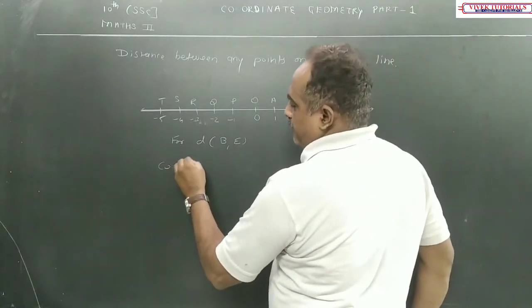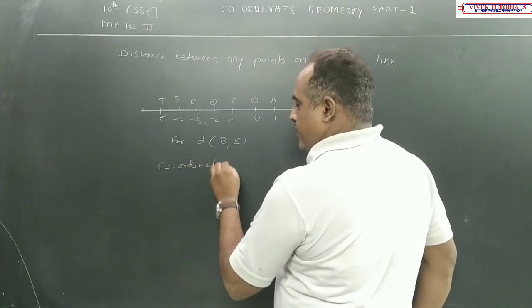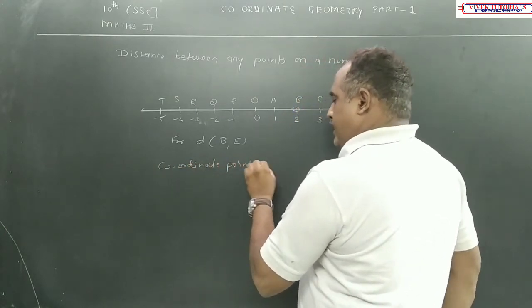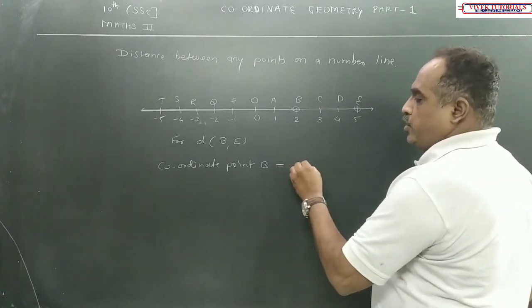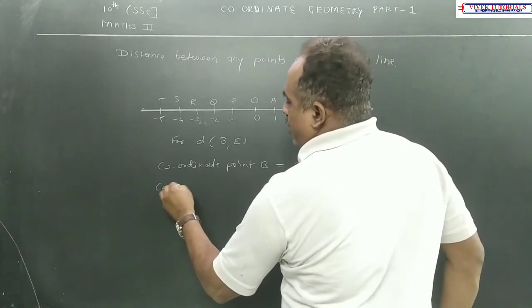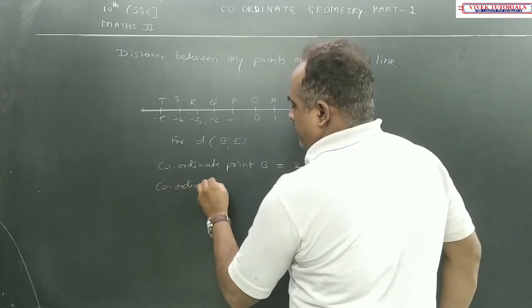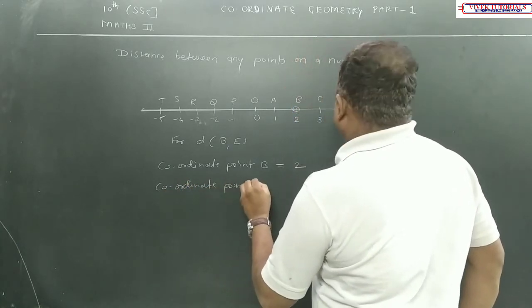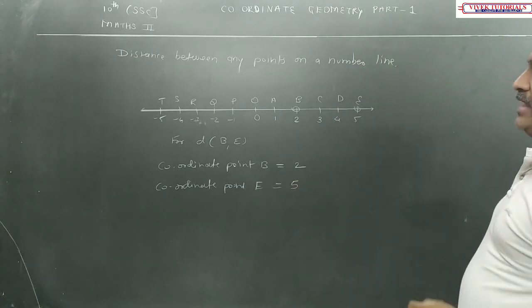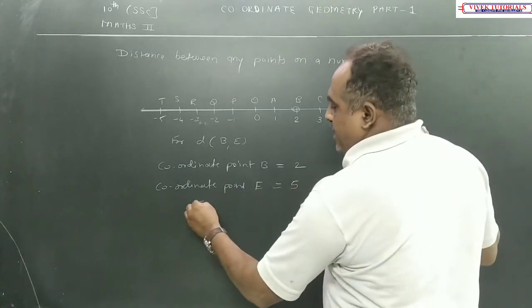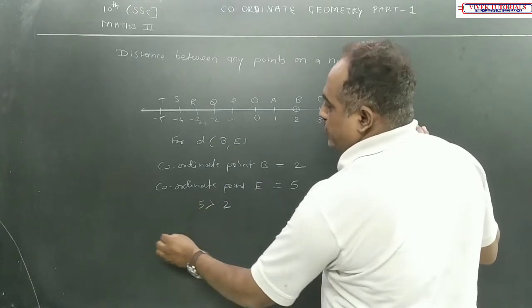coordinate of point B is 2 and coordinate of point E is 5. I know that 5 is greater than 2.